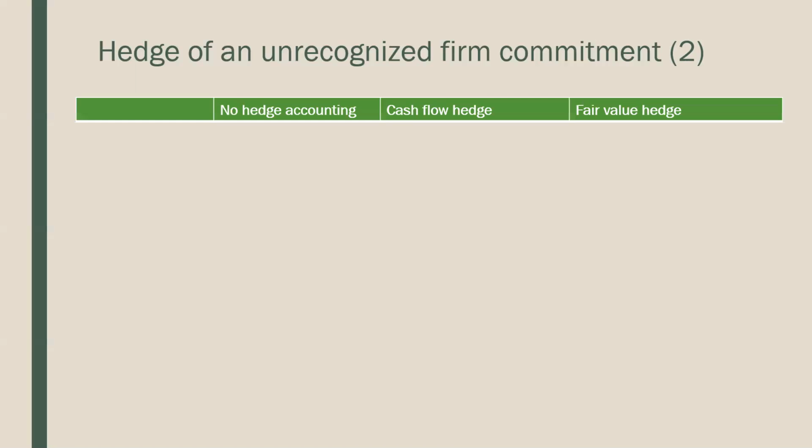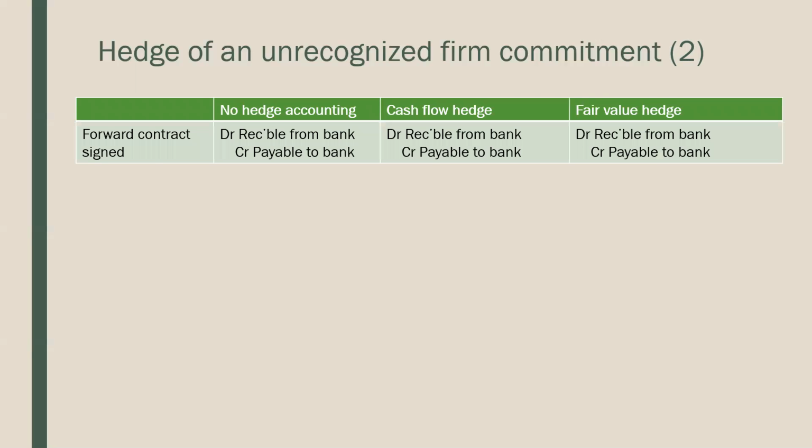So looking at these in a little bit of detail, I have three scenarios: no hedge accounting, use hedge accounting and designate as cash flow hedge, use hedge accounting and designate as fair value hedge. When the forward contract is signed, we would debit a receivable from the bank and credit a payable to the bank, and that would be an entry common to all three scenarios.